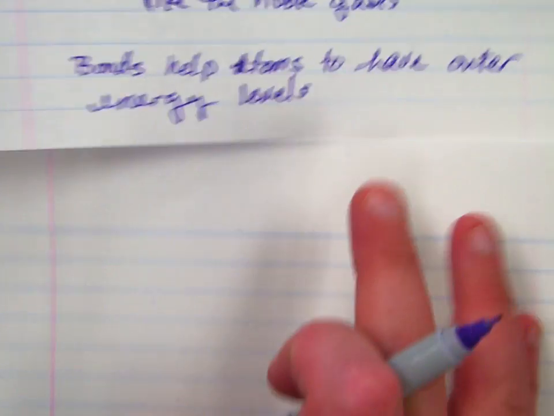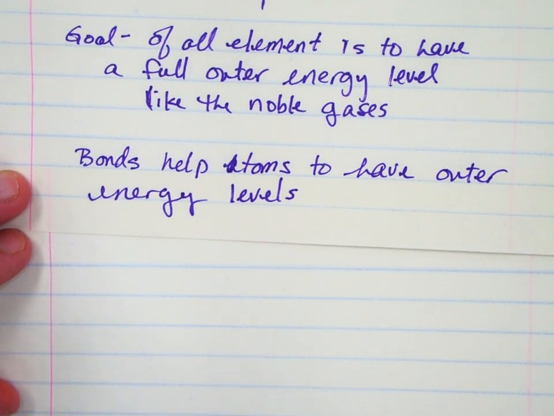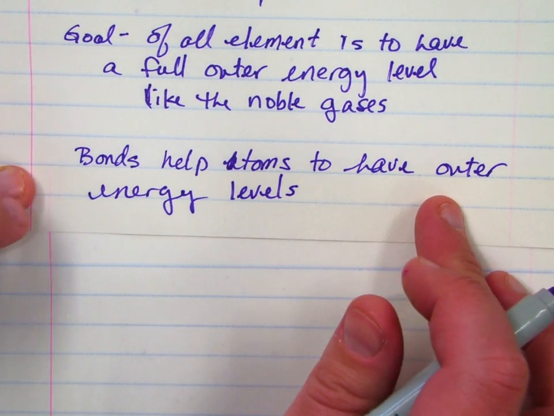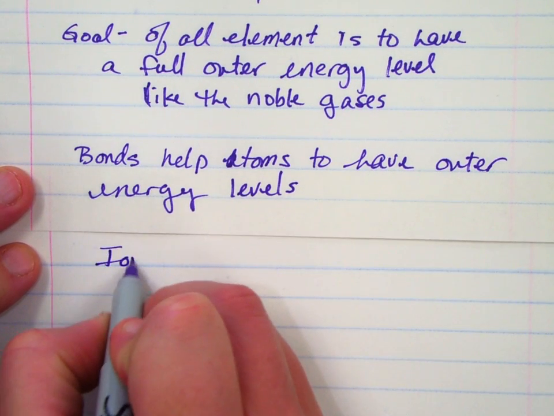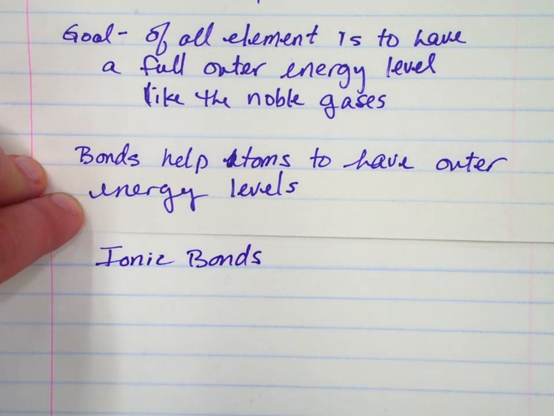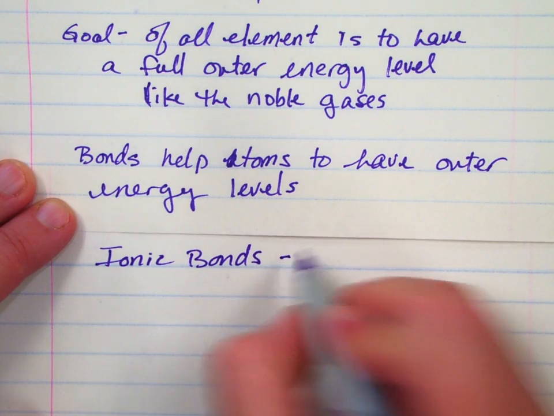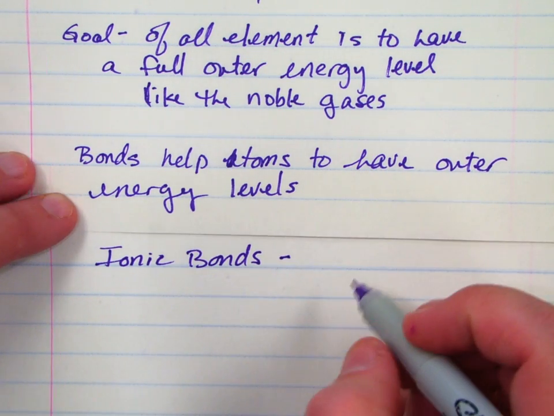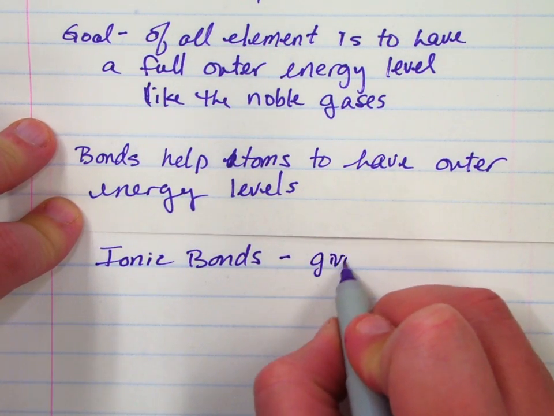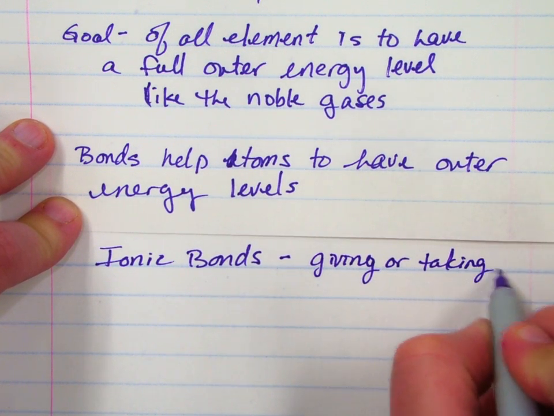So the goal of the atoms here is to have a full outer energy level. 2 kinds of bonds. The first one is ionic bonds. And we're going to spend most of our time with ionic bonds. Ionic bonds is giving or taking electrons.